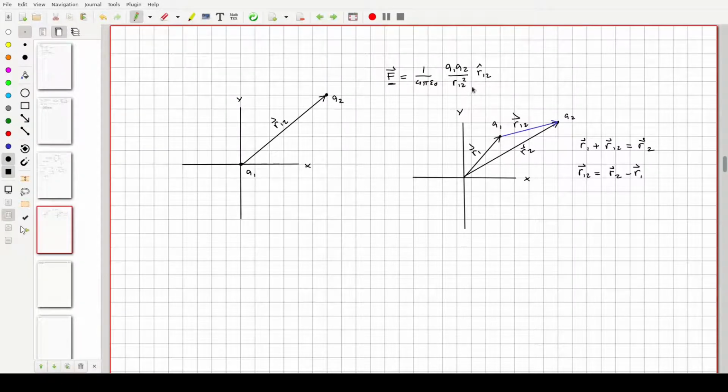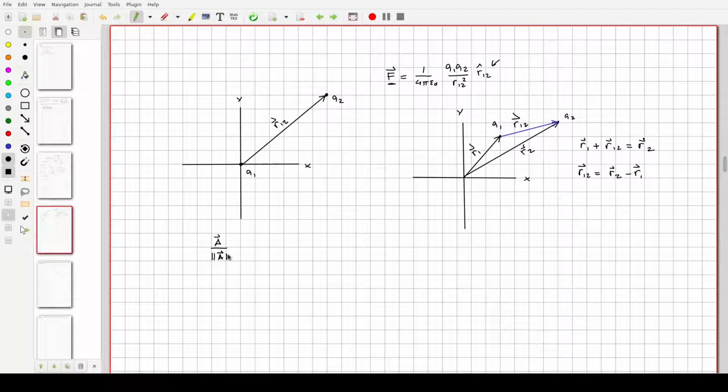So that said, let's talk about this unit vector right here. The unit vector points from here to here, and a unit vector has a length of 1. One way you can make a vector have a length of 1 is to take that vector, which we'll call A, and divide it by its length.